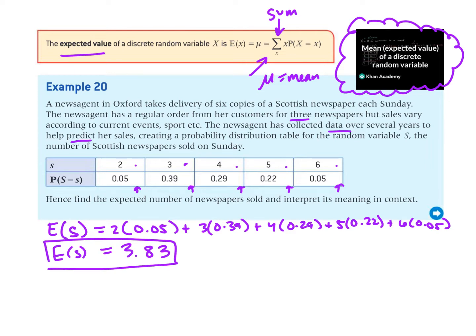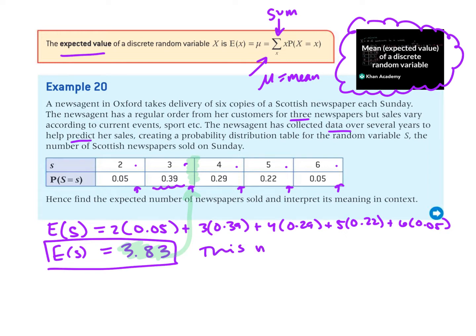Okay, so this is not the probability, right? 3.83 means that it's somewhere between 3 and 4. So what this means is that on average, the newsagent should expect to sell more than 3 newspapers, although 3 is the most likely outcome because it has the highest probability.